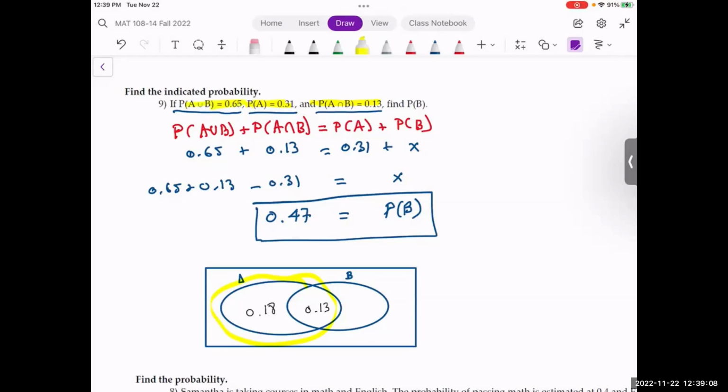Now, the next one, the union. A union B will be the two circles together, this and this. And as you notice here, there is only one section missing, right? The A is 0.31, so these two, 0.18 and 0.13, make 0.31. And what you are missing to get the 0.65, you take it away from 0.65, and that's going to be 0.34, right?